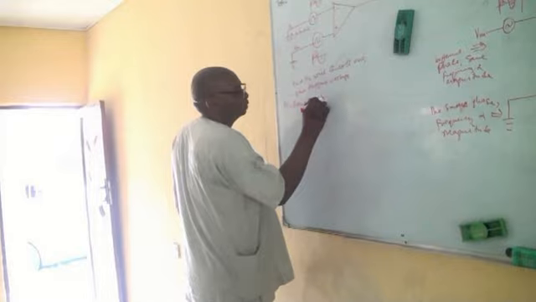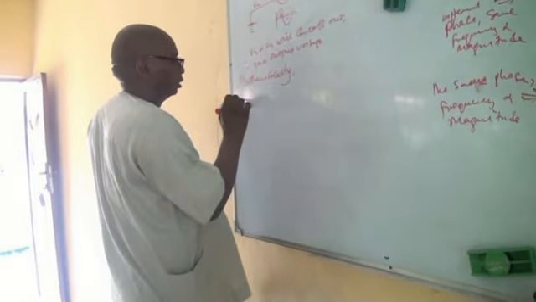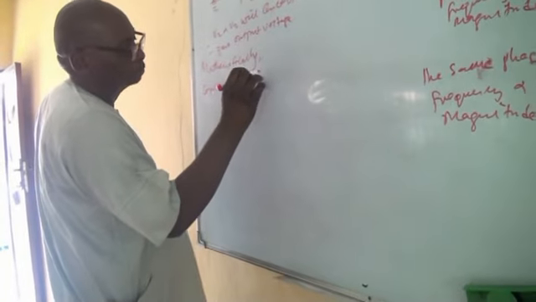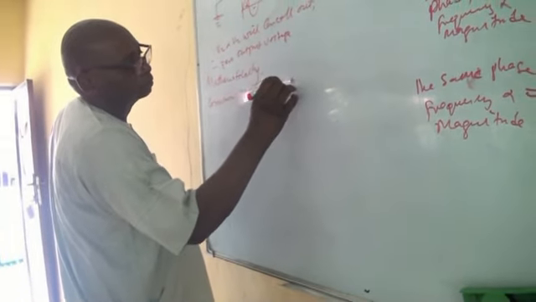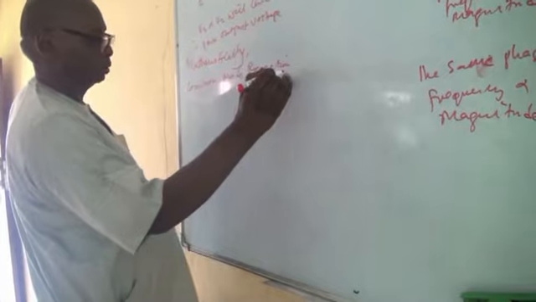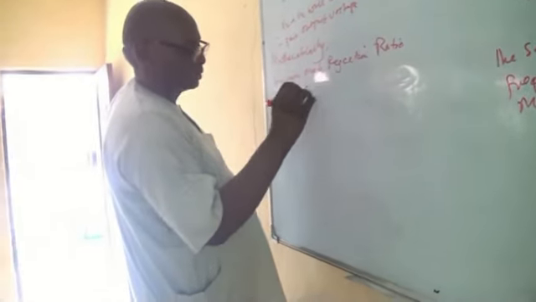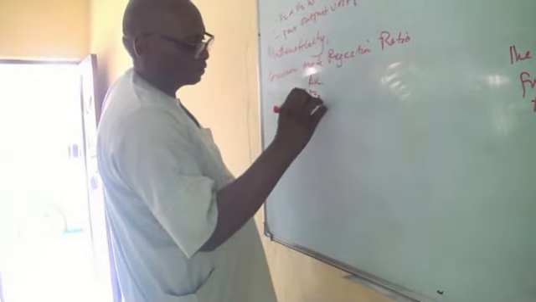Mathematically, common mode rejection ratio is given by AOL over ACM.